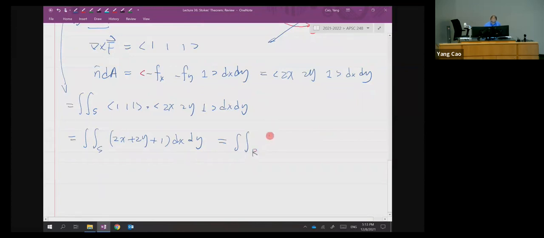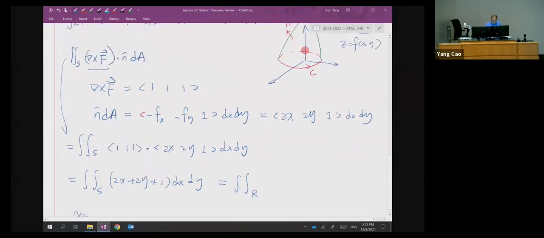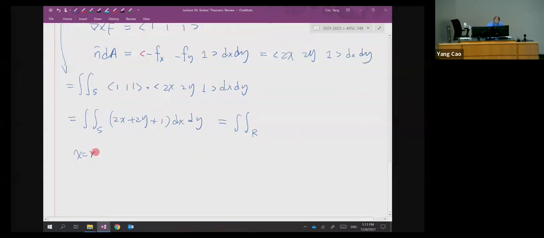To change to polar means x equals r times cosine theta, and y equals r times sine theta, for a double integral in polar coordinates.